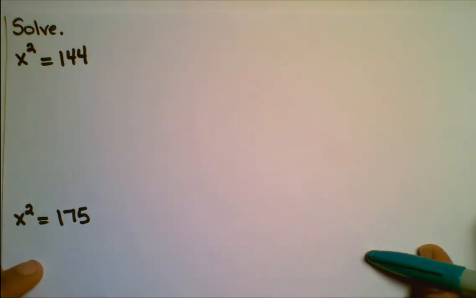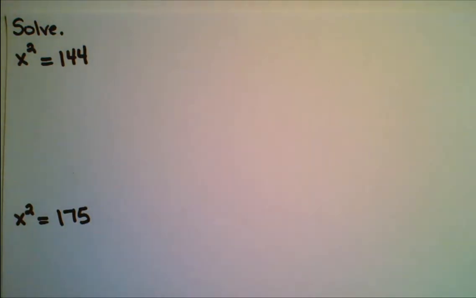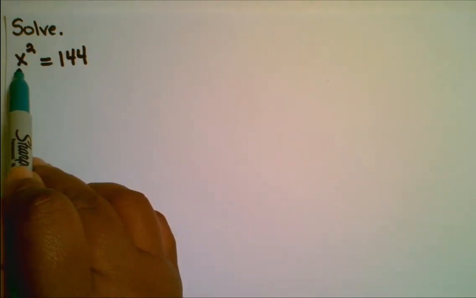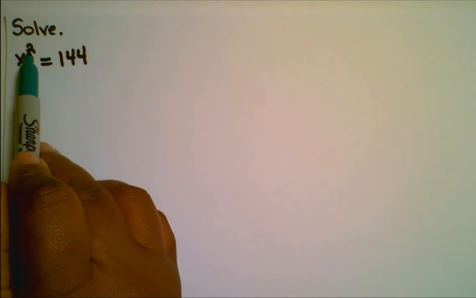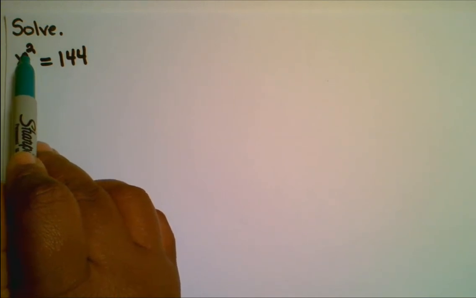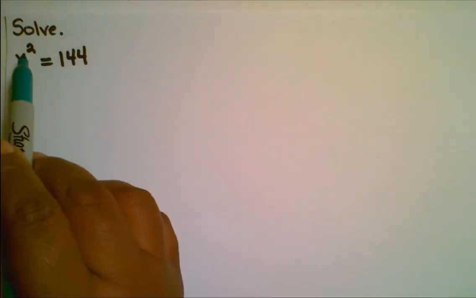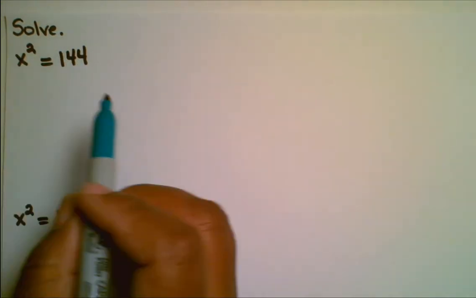We have here x squared is equal to 144. Our goal is to solve for x. But right now, our x is raised to the second power. So to negate a power of 2, we have to take the square root of both sides, using the square root property.